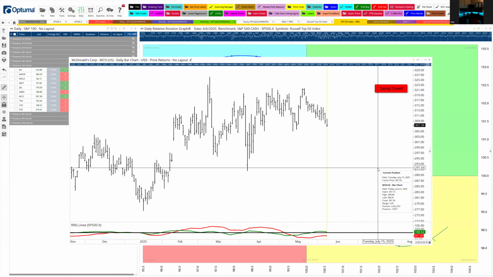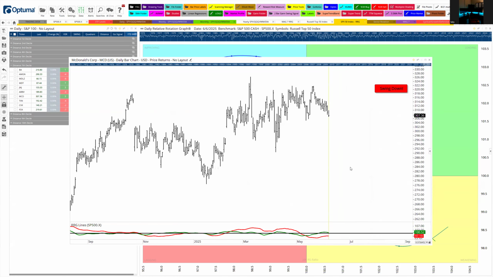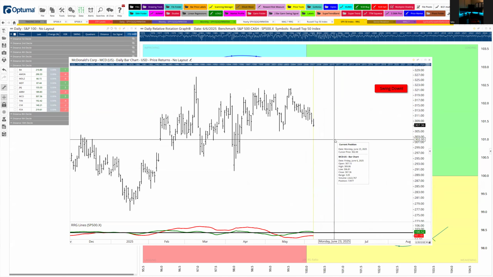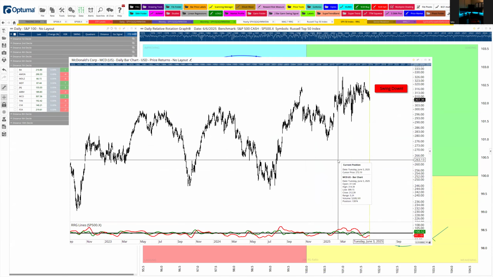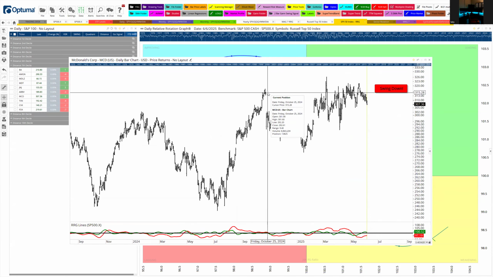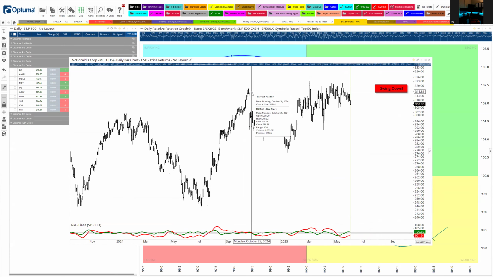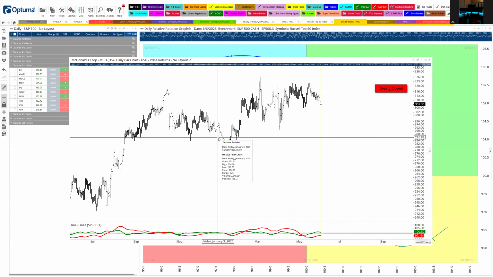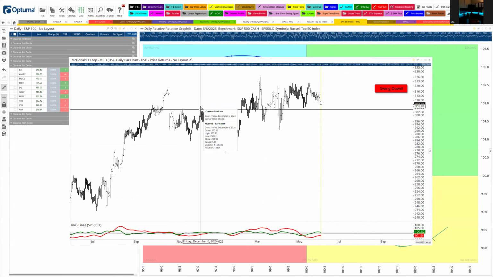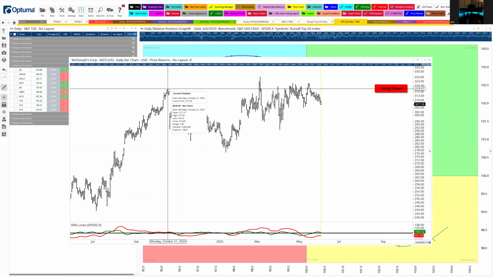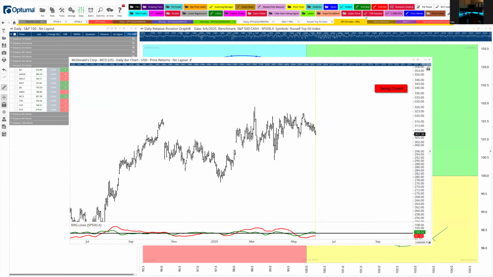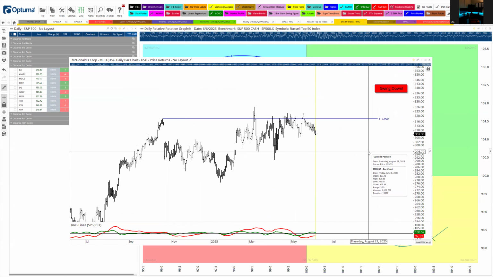It's in a very narrow range. It's a beautiful move to the upside. Three wave correction here, 2, 3. It's circling around this 317 mark.